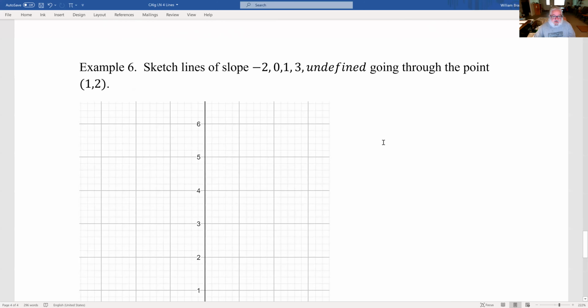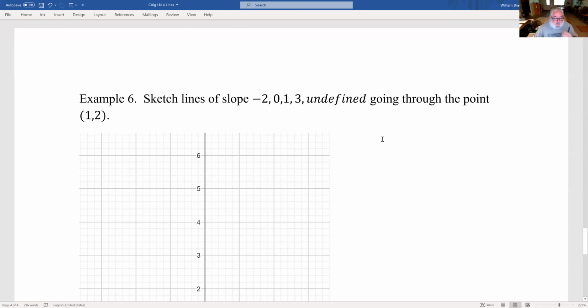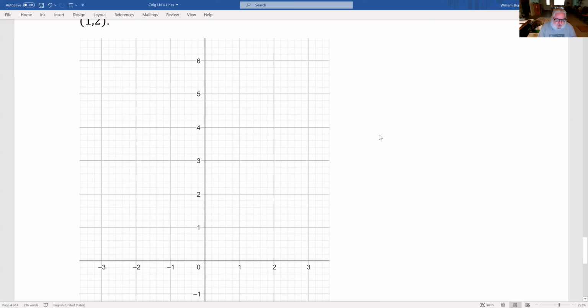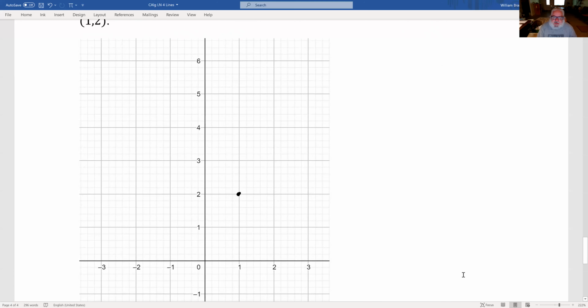And finally, what does the slope have to do with, if we want to compare slopes? So we want point 1, 2, that's here. How do we draw a line that's got slope -2 there? So slope -2, that's the same thing as -2 over 1. And remember that this is the change in x, and this is the change in y.